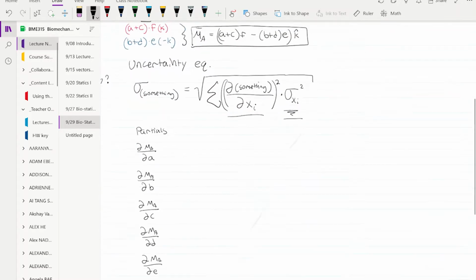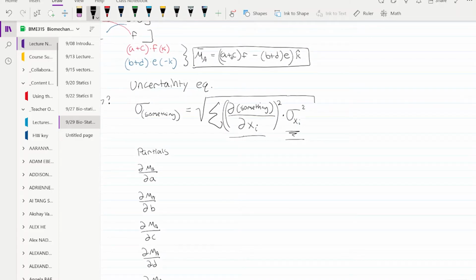Okay, so let's actually look at this equation. If we want to write all this stuff out again real quick, let's do it. Let's say that's AF plus CF minus BE minus DE, and that's the k direction. Okay.